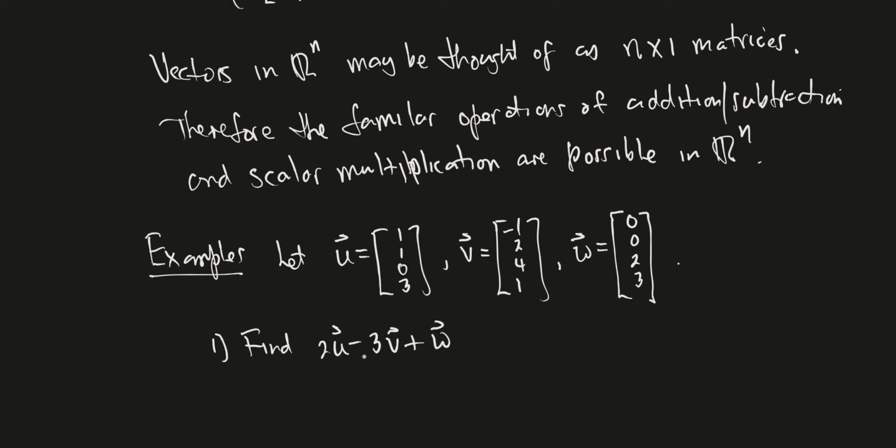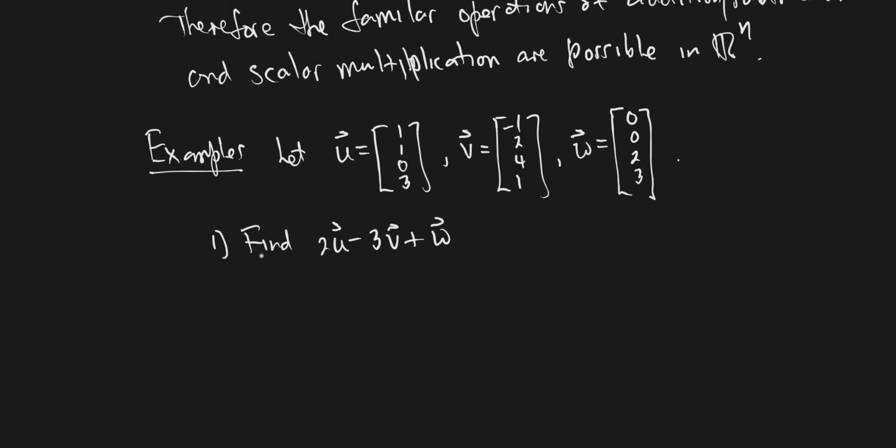So this example I will use just to show the basic operations, the scalar multiplication. So we're going to multiply u by 2, we're going to multiply v by 3, then we're going to do this subtraction and this addition, and what we're going to end up with is another vector in 4 dimensions, another vector in R4. So let's write this down.